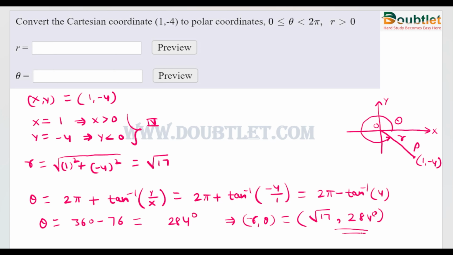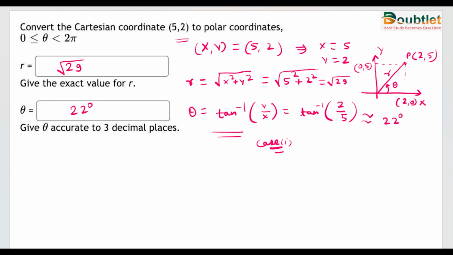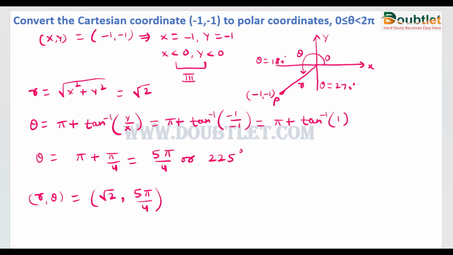So this is the polar coordinate: r is root 17 and theta is 284 degrees. This is the approximate value; you can write the exact value to get the exact answer. So in this video we have covered all types of examples, all the cases from every quadrant, on axes, even on the origin, and this is the formula, and then we have covered the examples.